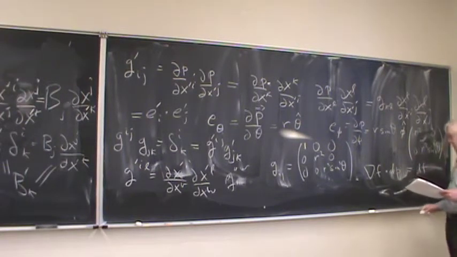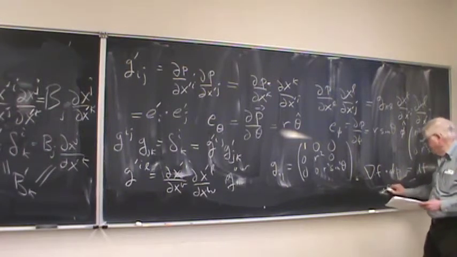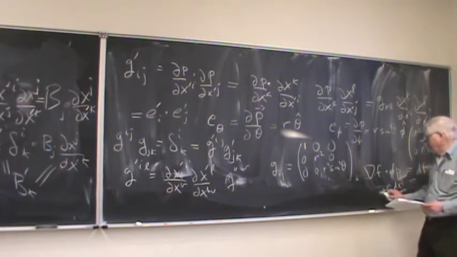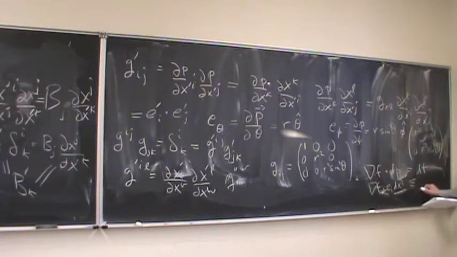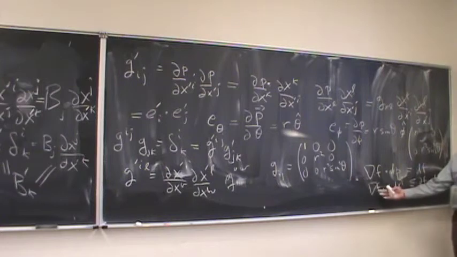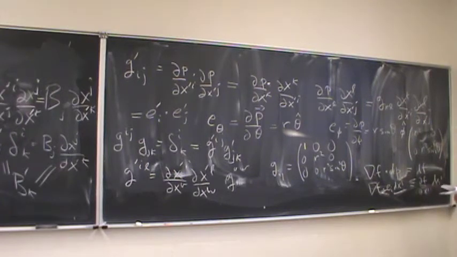And so this thing would be dot e i dx i, and this is gradient of f dot that equals partial f partial x i dx i. And so what we've got is that the gradient must be something such that dotted into the vectors e i, you get partial f partial x i.